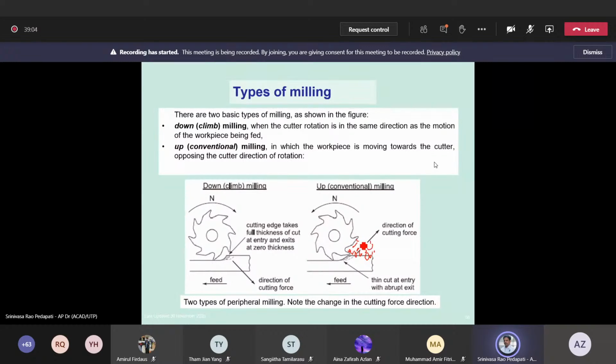They accumulate here because as you machine, the chips pile up like this. After some time, the chips clog these gaps. So that creates some kind of a nuisance to the tool or the surface finish.